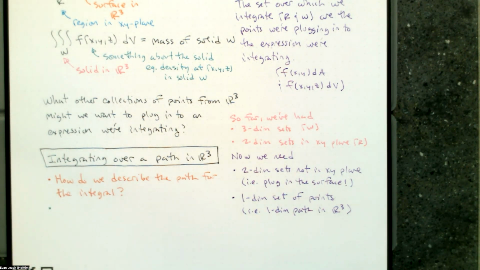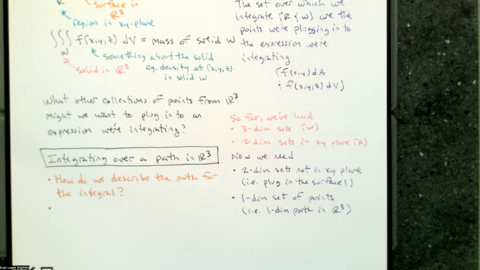That's a big part of our job in this double and triple integral business. How do we describe the set that we want to plug in so that the integral will understand what we're trying to do? Integrals just work like computers. We have to be very careful about how we talk to them because they are dumb and they don't understand.